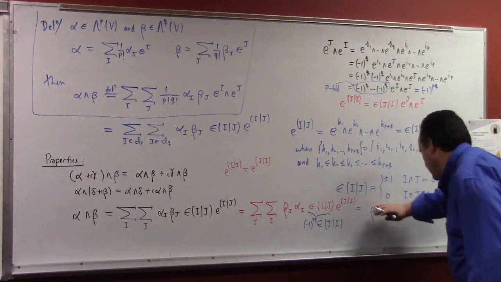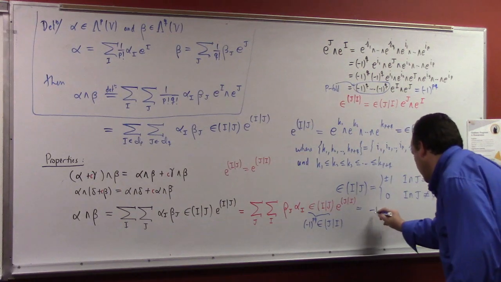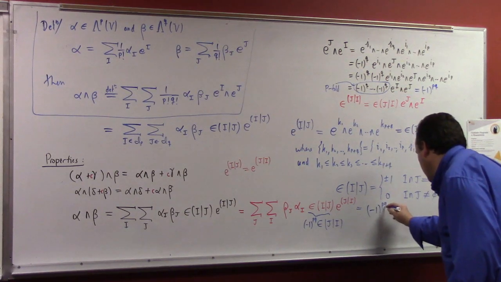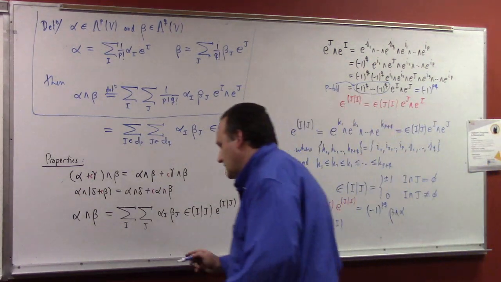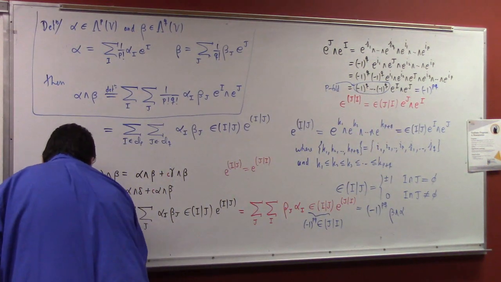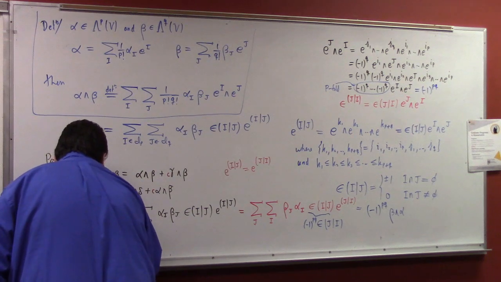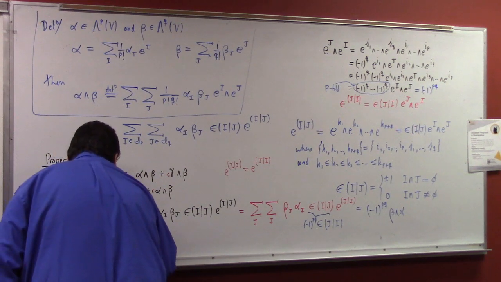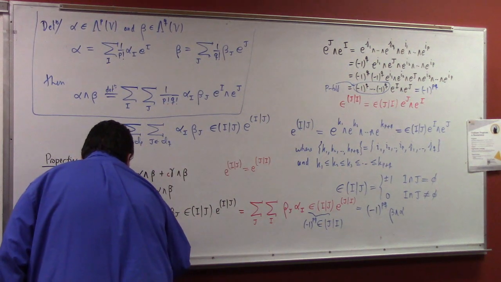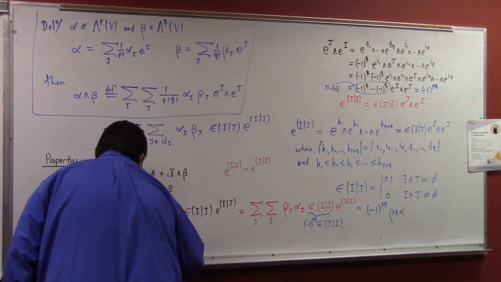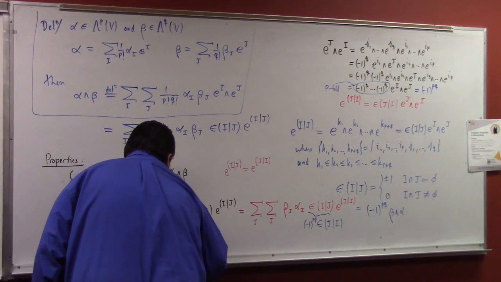And you see we have minus 1 to the pq beta wedge alpha. So they don't commute. There's a graded commutation relation. So it's minus 1 to the degree of alpha times the degree of beta, beta wedge alpha.